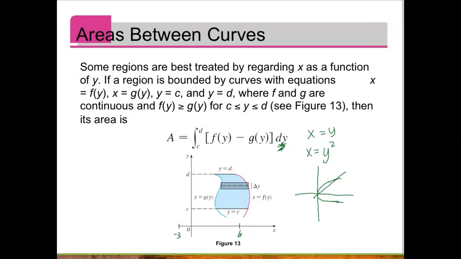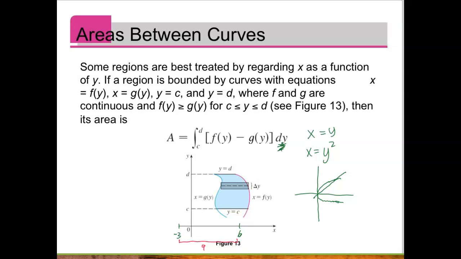Because this is a total of 9 between them, right? So which direction do I subtract to get that 9? It's right to left. So when they were functions of x, we did top minus bottom, right? And that always gave us a positive area in between.